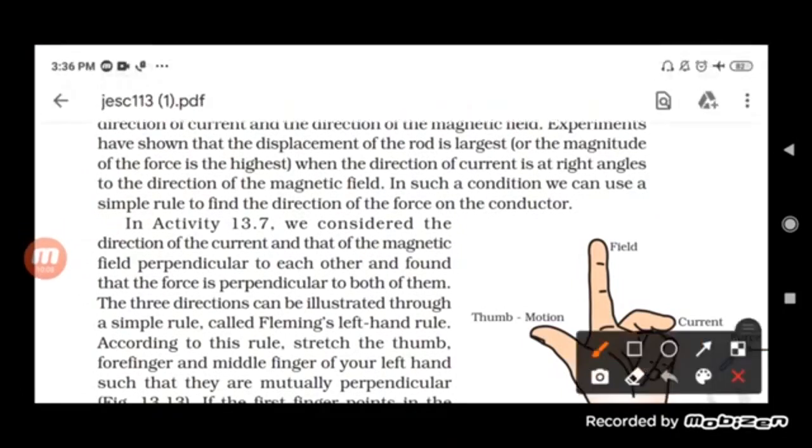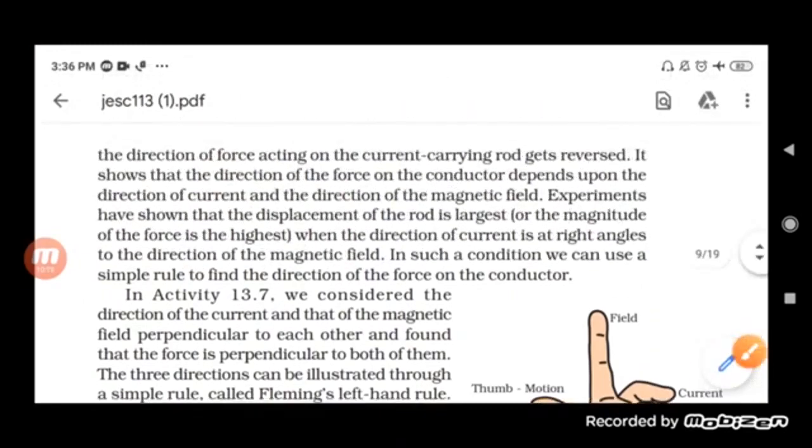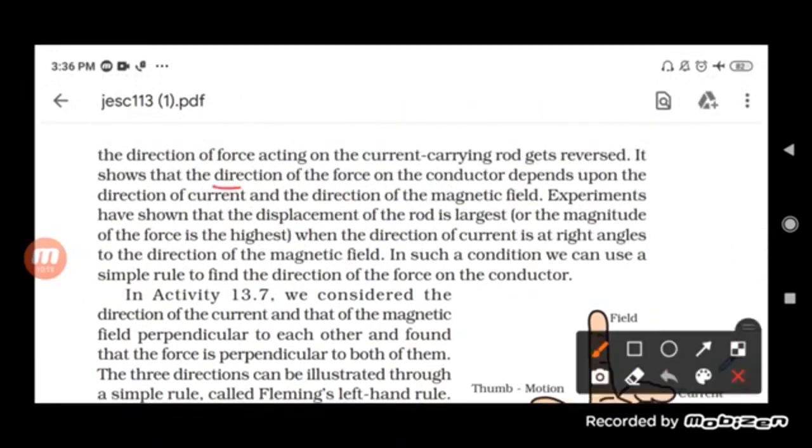So this shows that the direction of force on a conductor depends upon the direction of current and the direction of magnetic field. Okay. So the force acting on the conductor depends upon the direction of current as well as the direction of magnetic field.